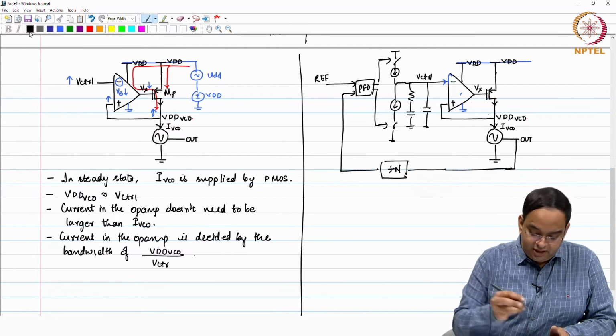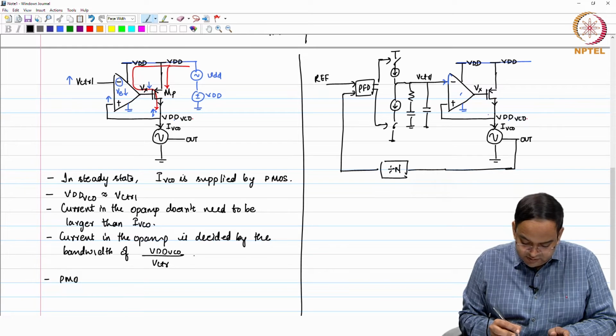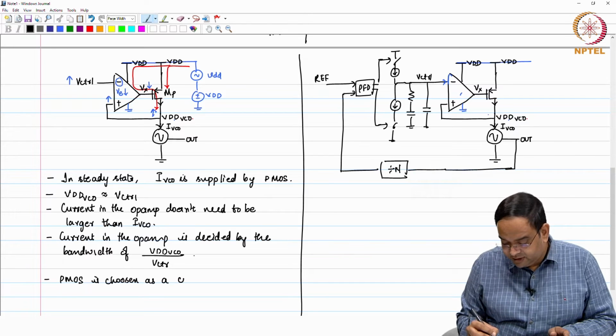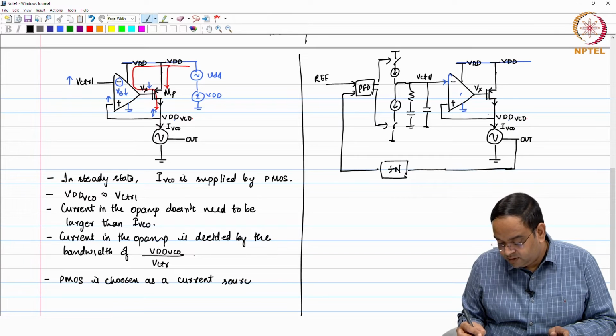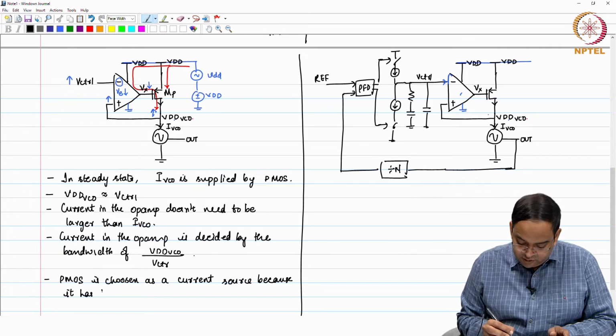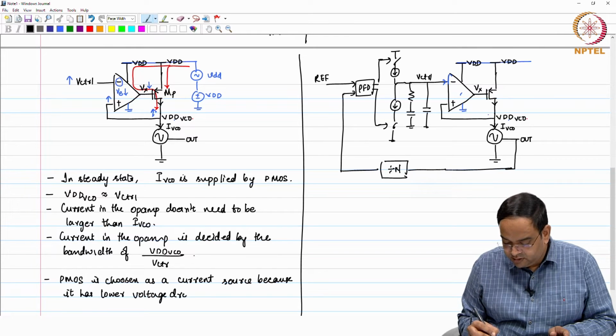Okay. The other thing here is that Pmos is chosen as a current source, because it has lower voltage drop across it. Okay.